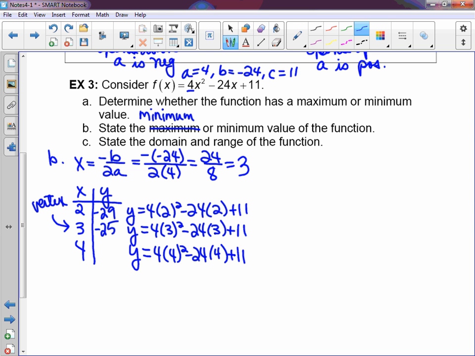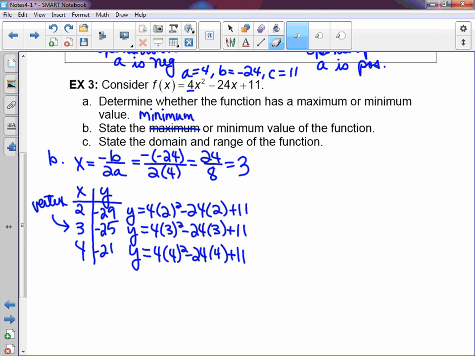Trying to figure out why it might be the same. Maybe I did the other one wrong. Maybe I need to finish it. Okay. I did get 21 that time.